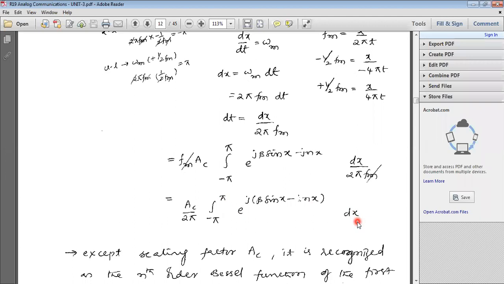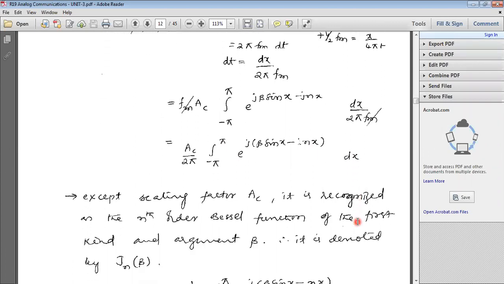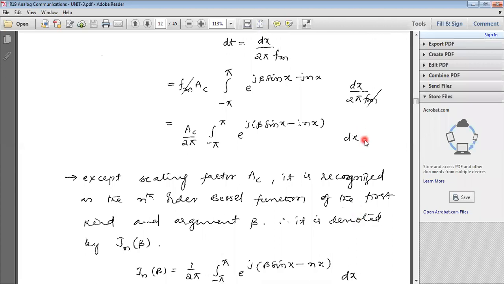I think up to this equation you understand. If there is any doubt, you ask me. Now take this as equation number 4.